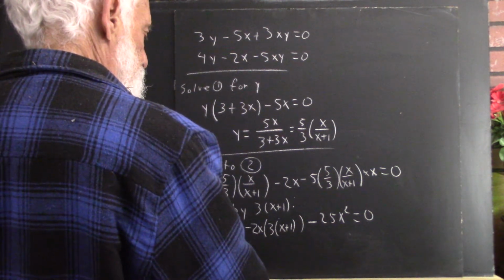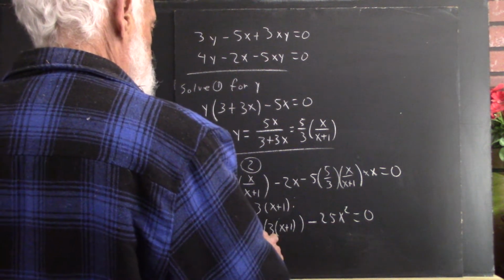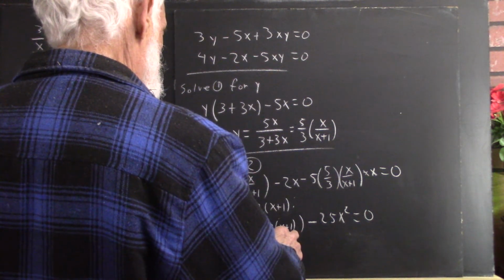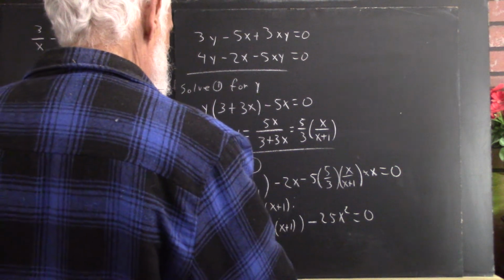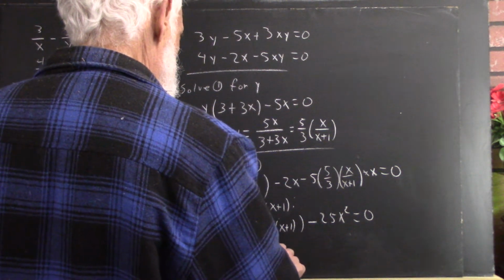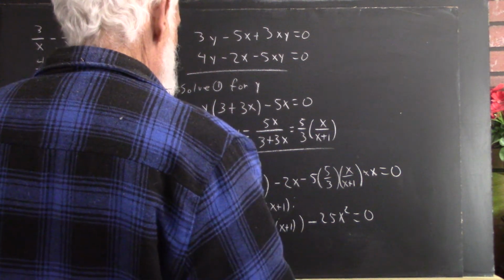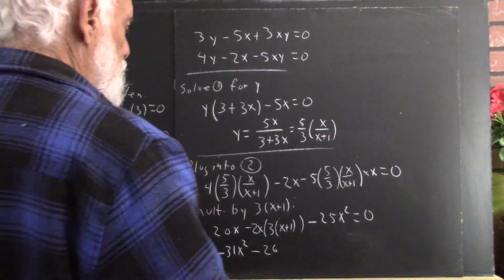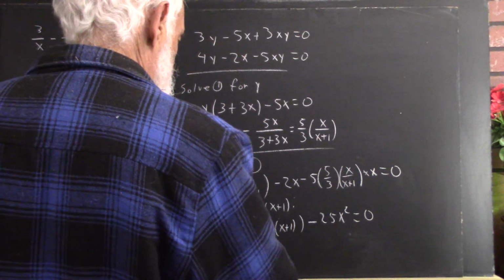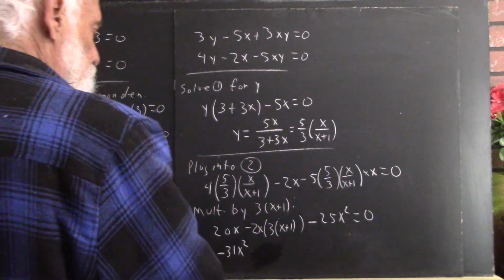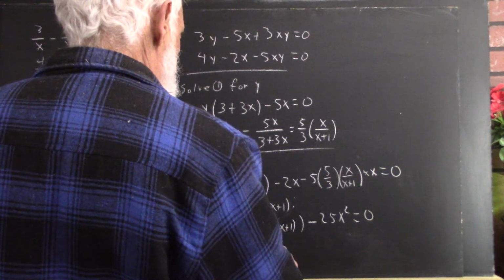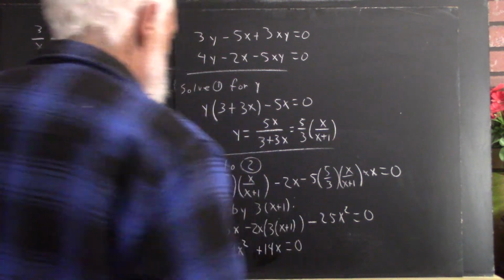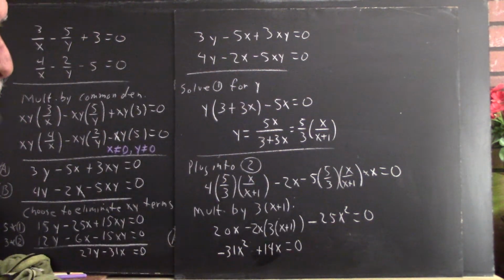20x minus 6x, and that isn't going to work out real well. No, we're going to have 20x minus 6x, not minus 20x minus 6x. We're going to have 20x minus 6x, which is this.